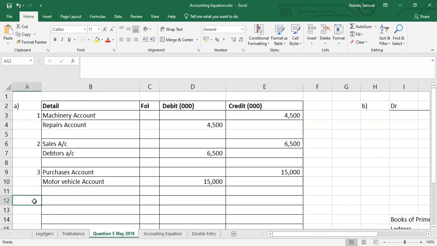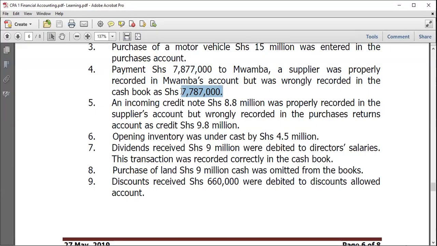So how we shall correct this error, error 4, is since in the cash book we recorded a lower figure, because that is what the error is saying. In the cash book, we recorded this lower figure, this by 90,000. Now, a payment to Mwamba, when we pay to Mwamba, we credit our cash book.